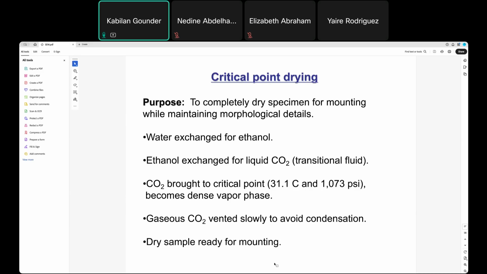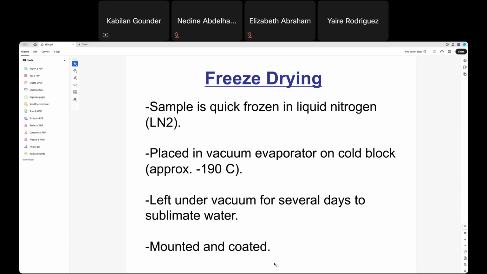Then the next step is coating. The alternate approach is freeze drying, which is another important one.